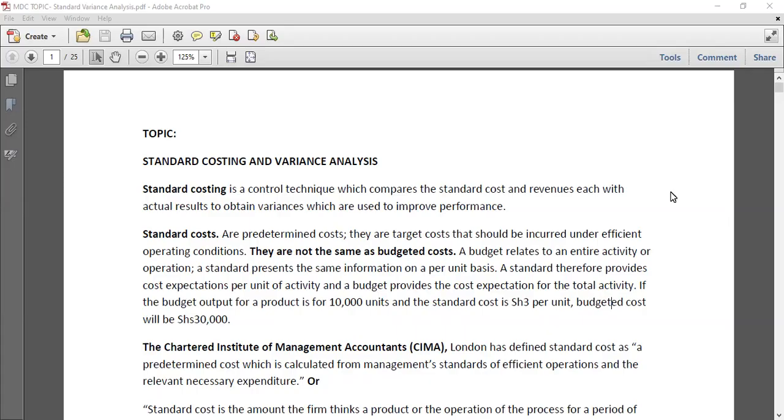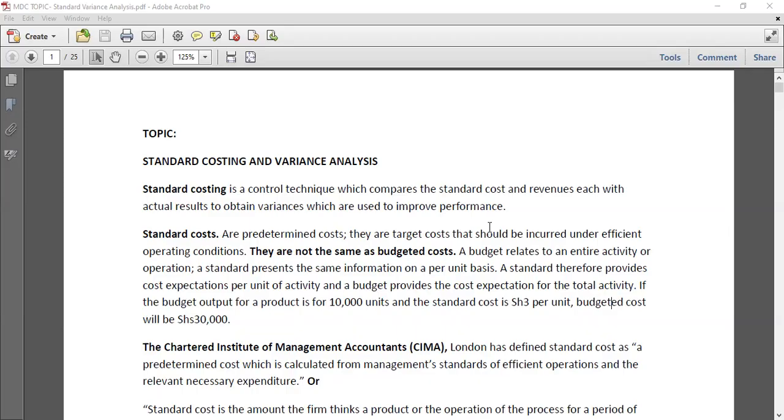Even like a haircut: when you go for a haircut today, it will be a bit different from when you go for your second haircut. So it's good for you to understand that standard costing works well with processes that are repetitive in nature, and that's why we see it so much in manufacturing companies.